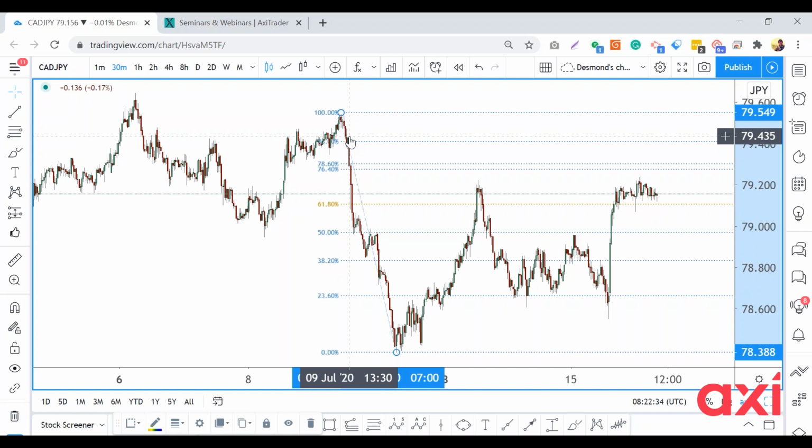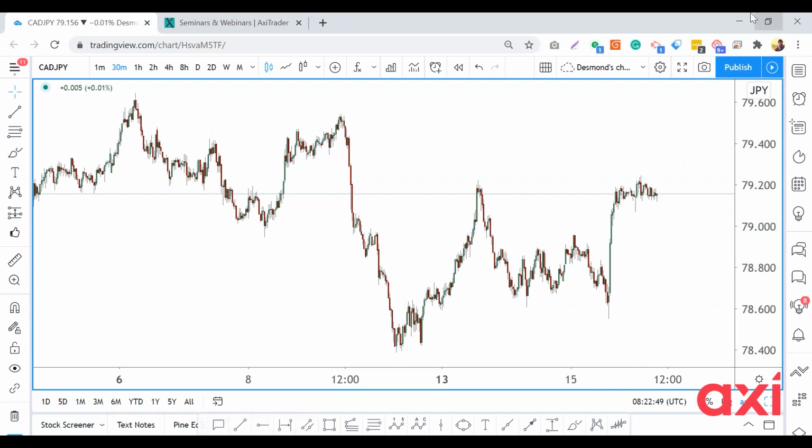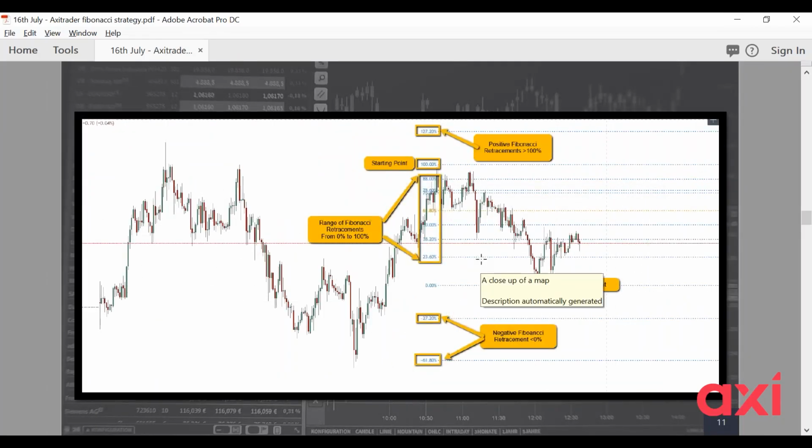The clearer it follows, the better it will perform. That's all you need to know. So let that be one of your guiding principles when it comes to drawing Fibonacci retracements. All right, now back to my topic.